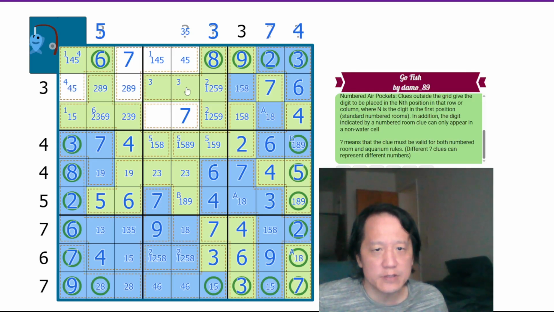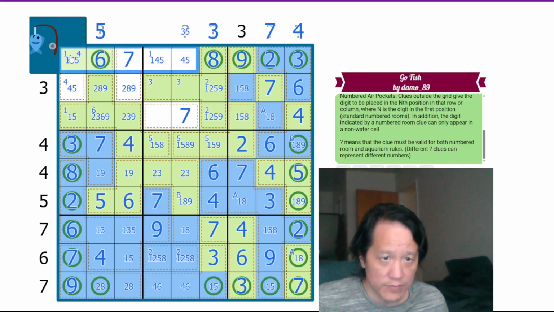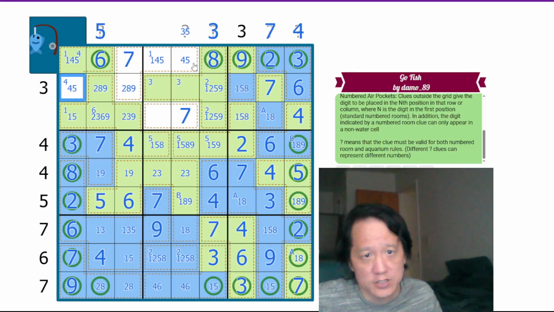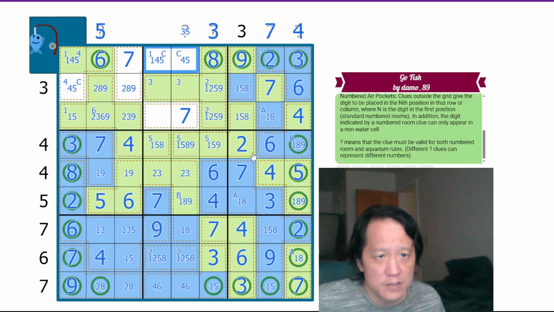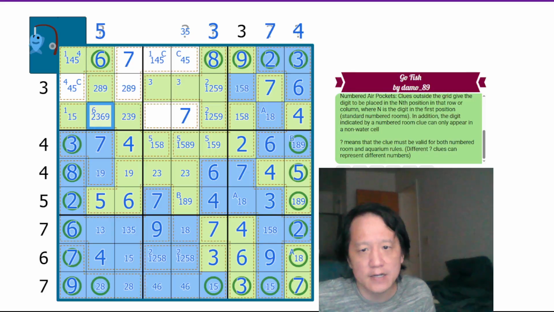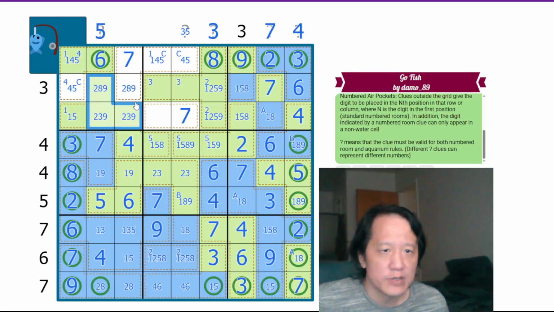We don't know about this. This digit, again, out of these 3 digits, so this digit has to be one of these 2. So we have C there, and that's C. 6 cannot be here because of 6 in the box.